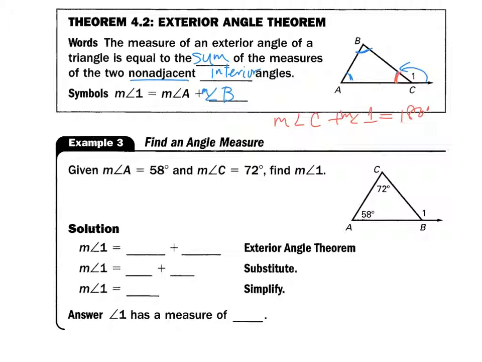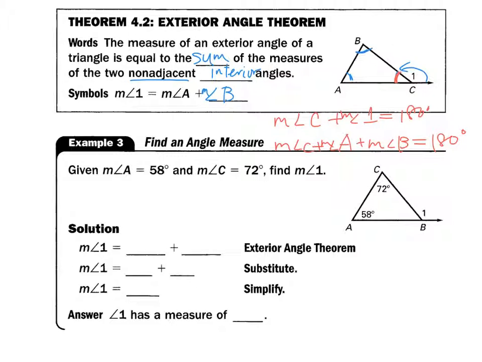Now we're starting to add chapter 2 and chapter 3 materials together. So again, angle C and angle 1 are supplementary angles, so they add up to 180 degrees. We also know that angle C plus angle A plus angle B has to add up to 180 degrees, and that's by the triangle sum theorem we just learned.